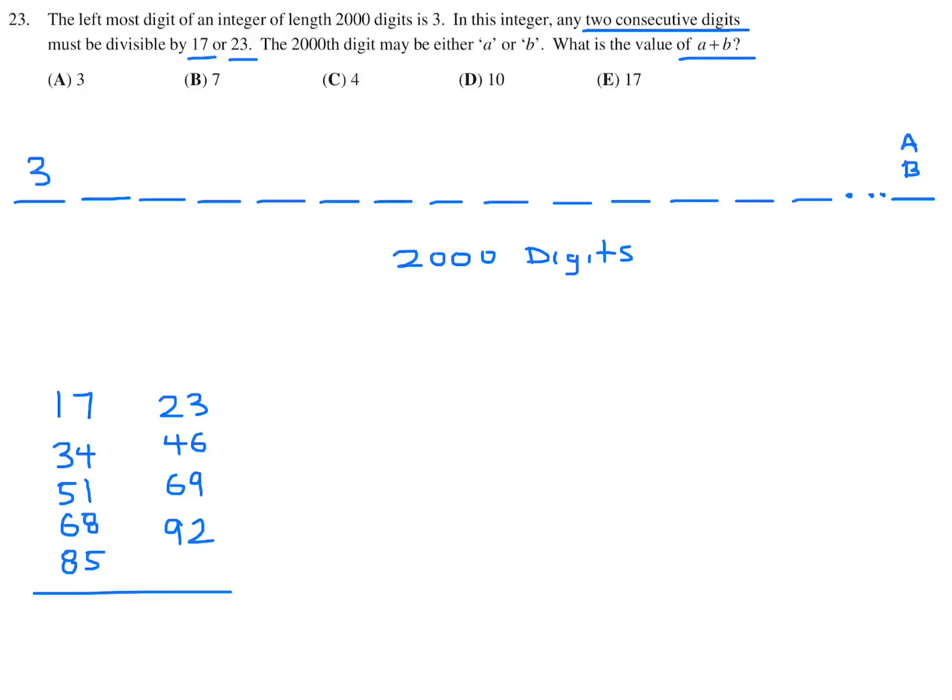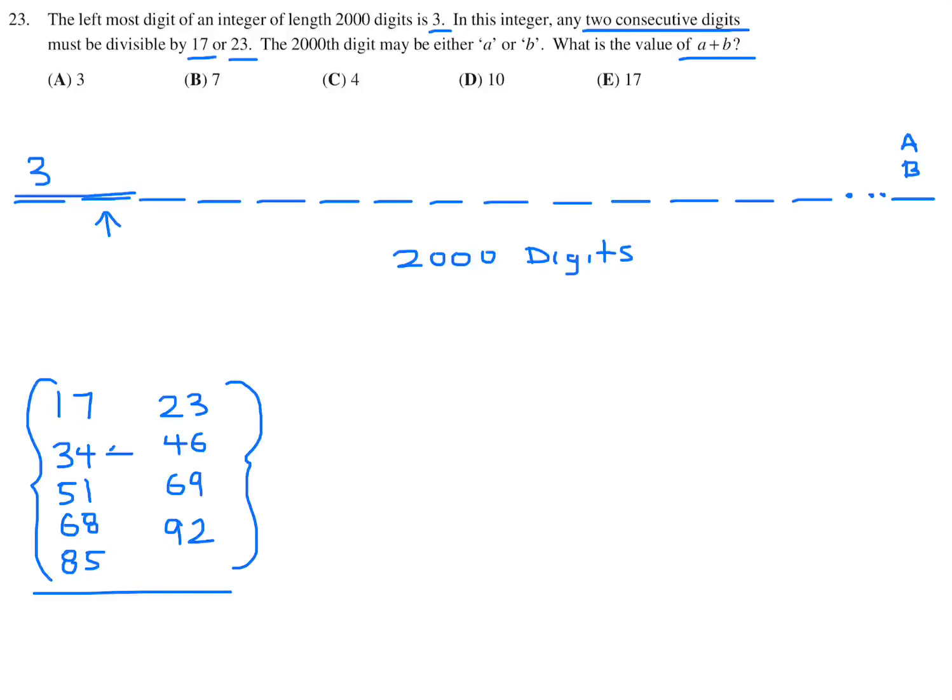All right, so let's go through this, and I hope you'll understand as I go through it how this number is being created. So 3 is what they've given us. Now the next number that I put in here, whatever it is, must be divisible by one of these. Well, our first digit is 3, so which one of these has a 3?